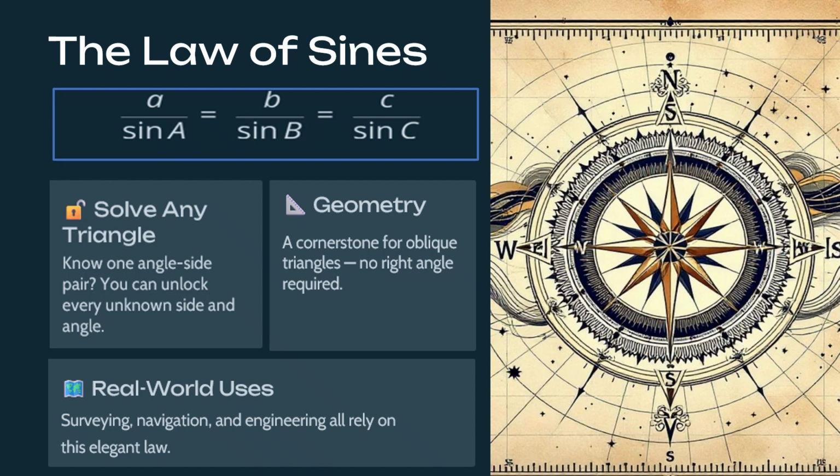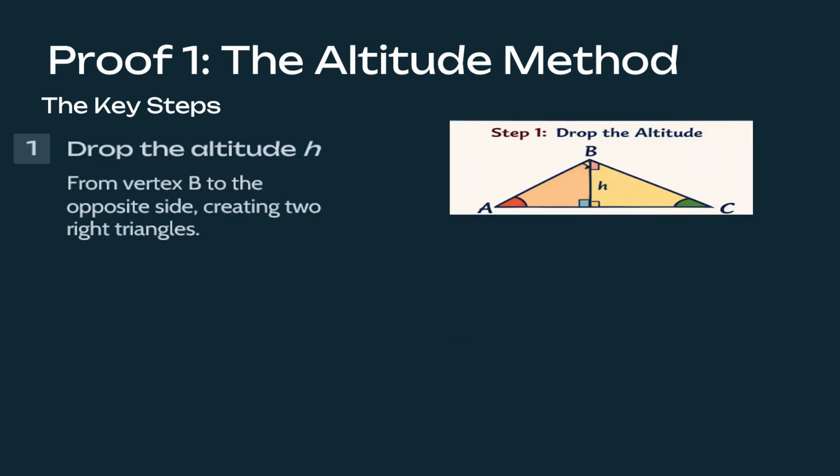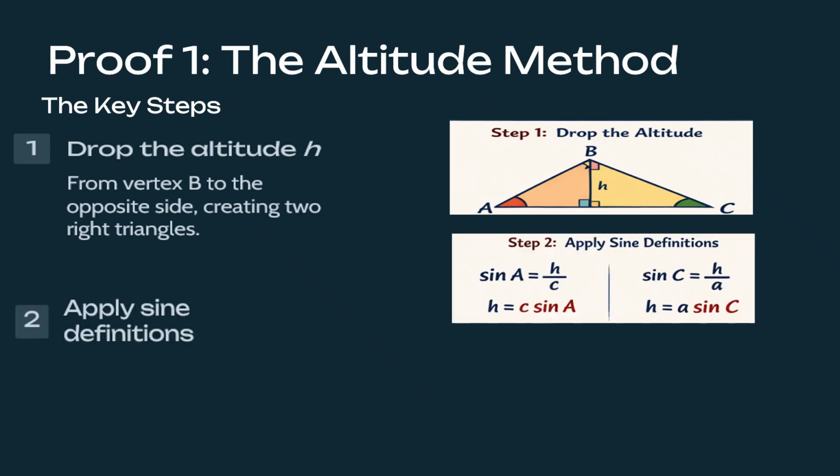Now let's see why the law of sines works. One way to prove it is through the altitude method. Step 1. Drop the altitude. From vertex B, we draw an altitude h to the opposite side. This creates two right triangles inside our original triangle. Step 2. Apply sine definitions.